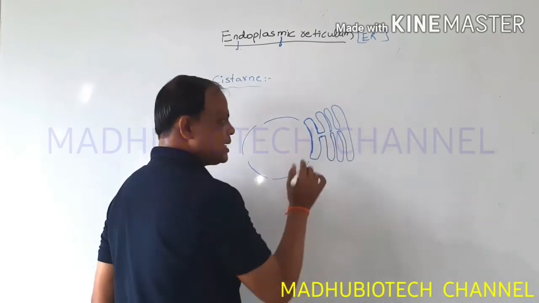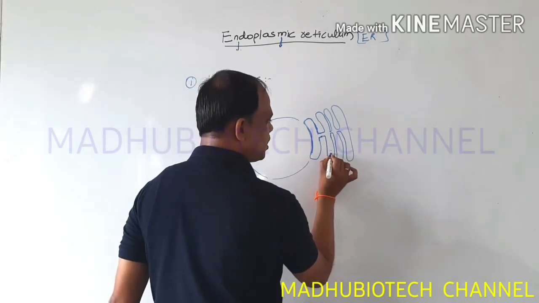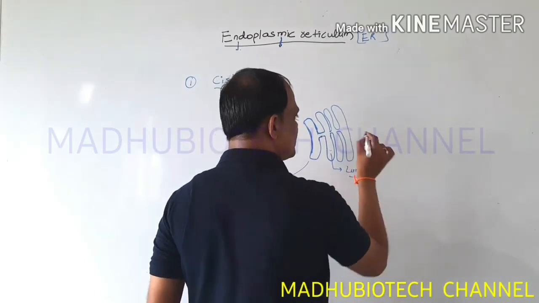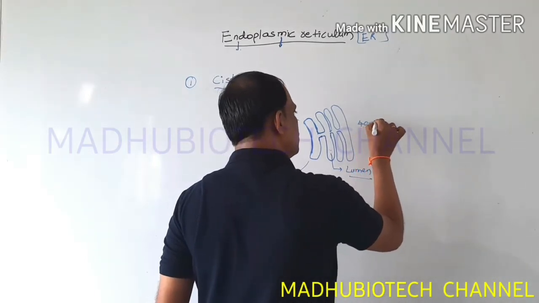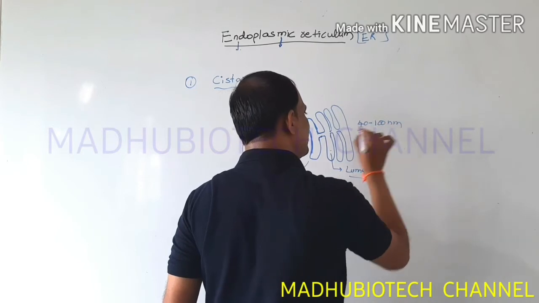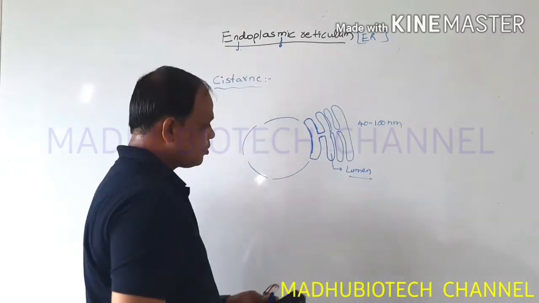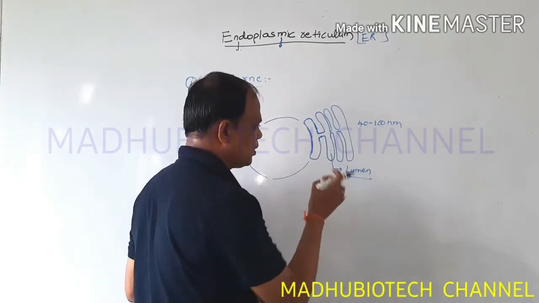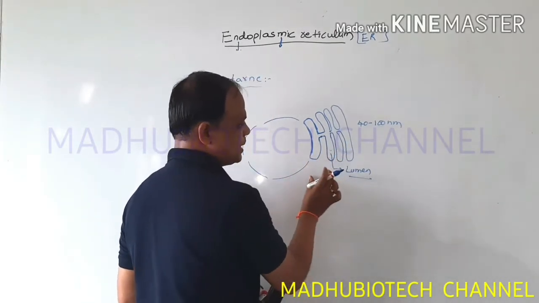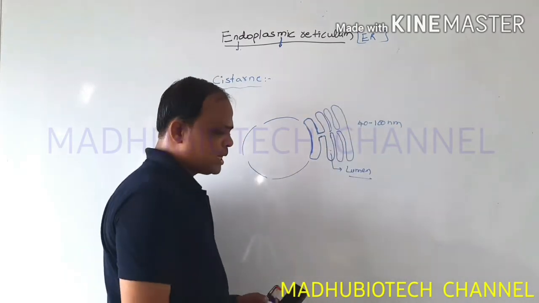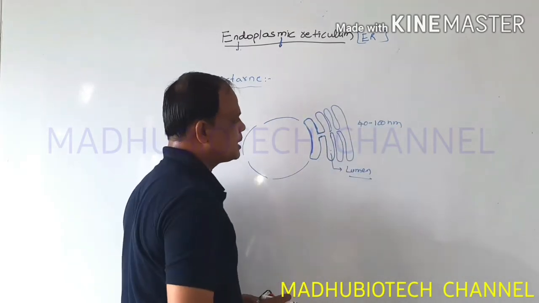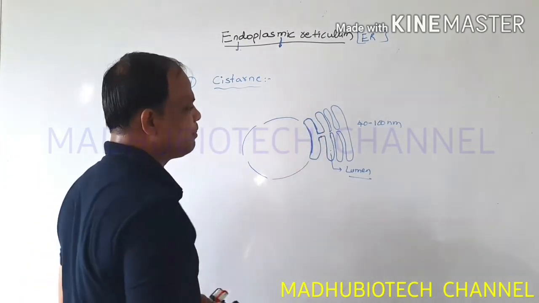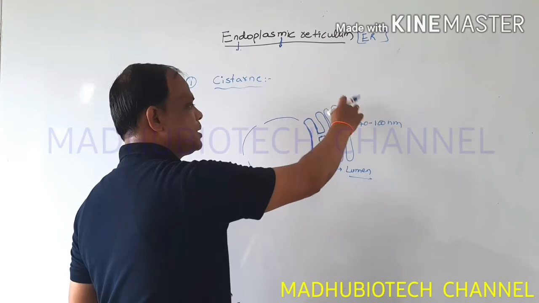The inside of the cisternae is called the lumen. The cisternae are 40 to 100 nanometers in diameter, and the lumen space is very low. This is made up of nuclear membranes, and this is the cisternae.